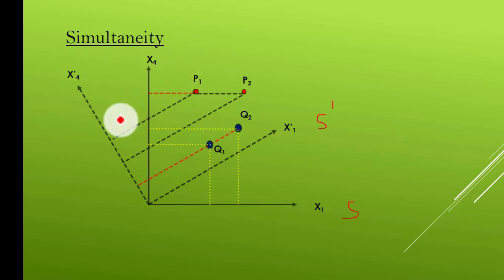So I have drawn 2 perpendiculars, one here and one here. This shows that these events P1 and P2, which were occurring at the same time in the S frame of reference, have different times. Let's say time T1 for the event P1 and T2 for the event P2.